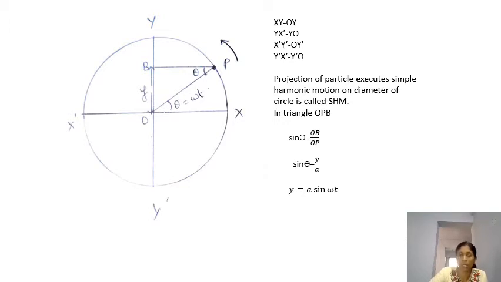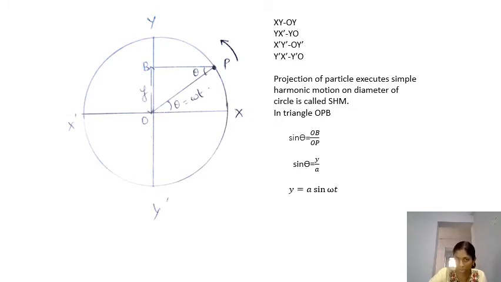Okay. Initially, the particle starts at X, goes around the circle, and completes its rotation at X. On a complete rotation, what happened during the movement of the particle?